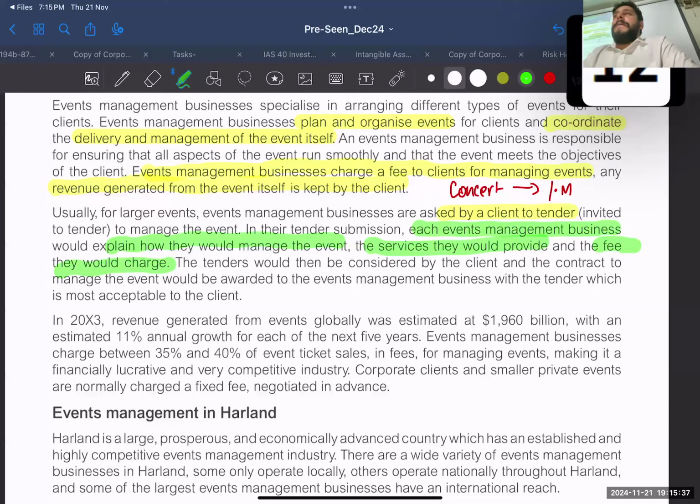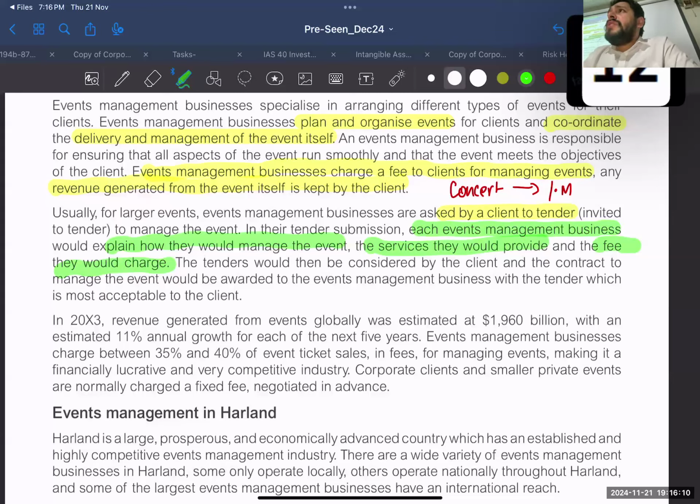Now, please let me know one thing. Let's suppose there's a question which says that we are going to provide a tender in relation to a music concert event being done by Bilal PLC, and we are expecting a total number of customers in the concert of around 10,000 people.